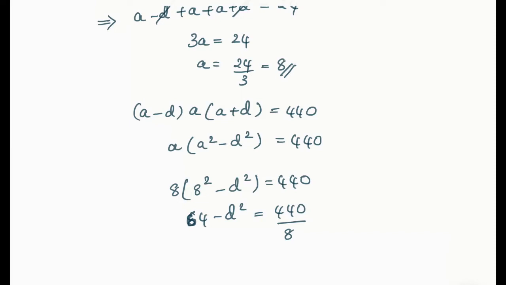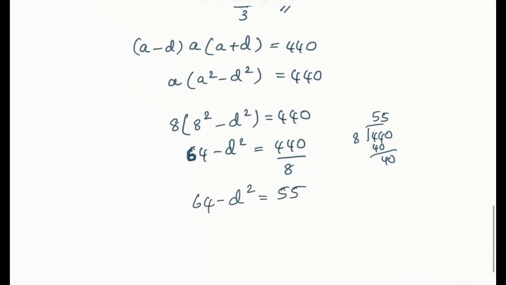What is 440 by 8? 8 fives are 40, plus 4 is 44, so it is 55. So you can write 64 minus d square is equal to 55.